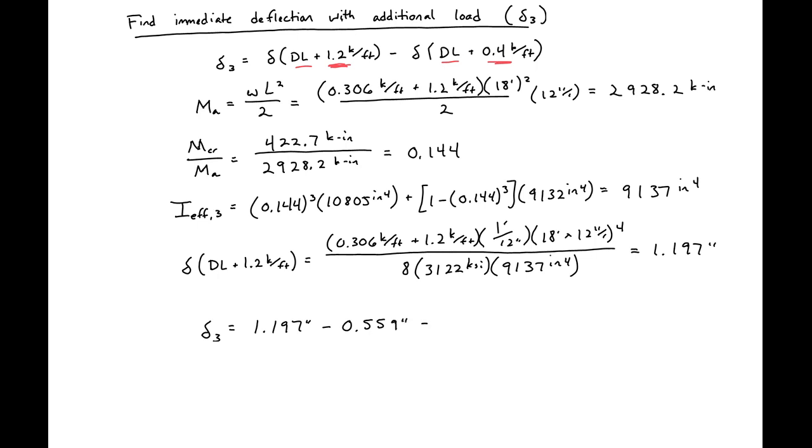So this is going to give us a delta 3 of 0.638 inches. So this is the immediate deflection caused by just the additional live load that wasn't considered before, the additional live load being 0.8 kips per foot.